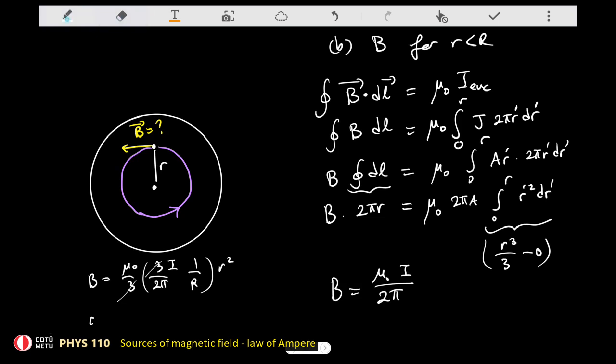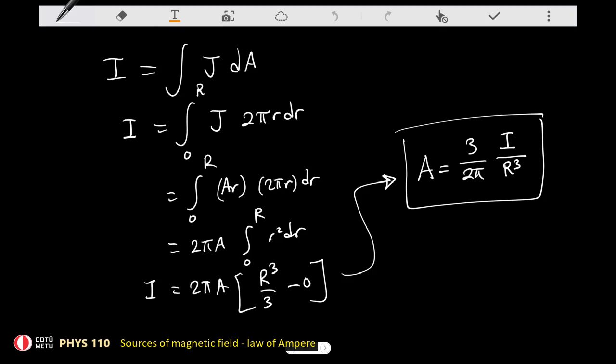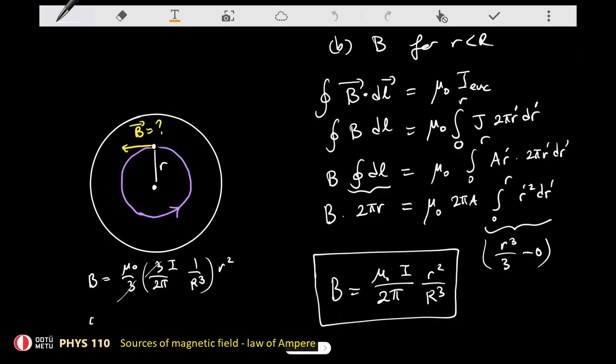So this should be cube, 2 pi r squared divided by r cube. All right, let me check this r cube thing. Yeah, it was r cube in here. All right. So that's the expression. So this time, of course, the magnetic field depends quadratically on the position. So what's the magnetic field outside?